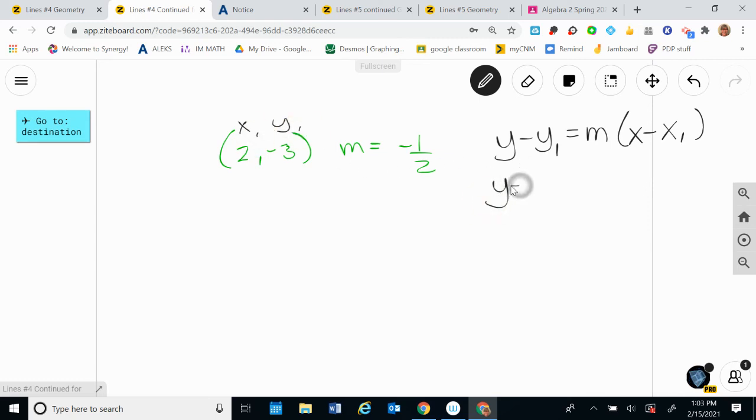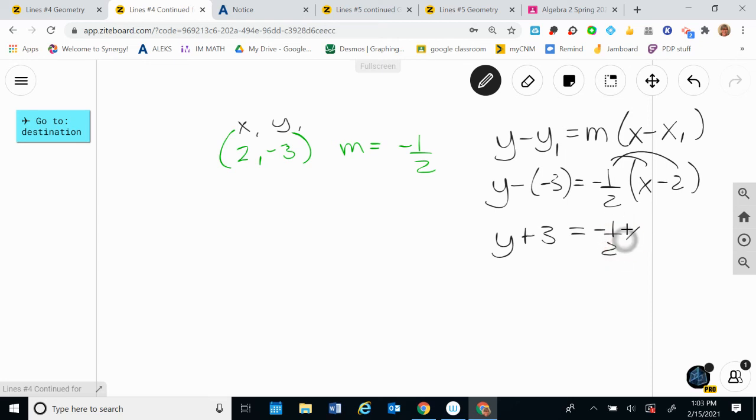So you go y minus -3 equals -1/2 times x minus 2. All right, to finish this, you multiply these. Y plus 3 equals, distribute this, -1/2 x plus 1. Then you subtract 3 from both sides, and you get y is equal to -1/2 x minus 2.